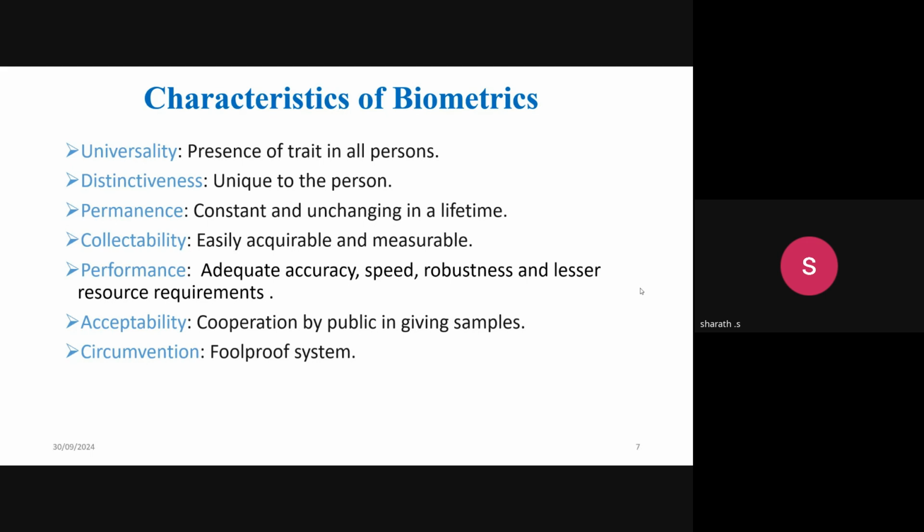Collectability, it can be easily acquired and measured using simple biometric components. Performance, adequate accuracy, speed, robustness, and lesser resource requirement; the authentication can be done at a faster pace. Acceptability, cooperation by the public in giving the samples. And finally, circumvention, which means a foolproof system.